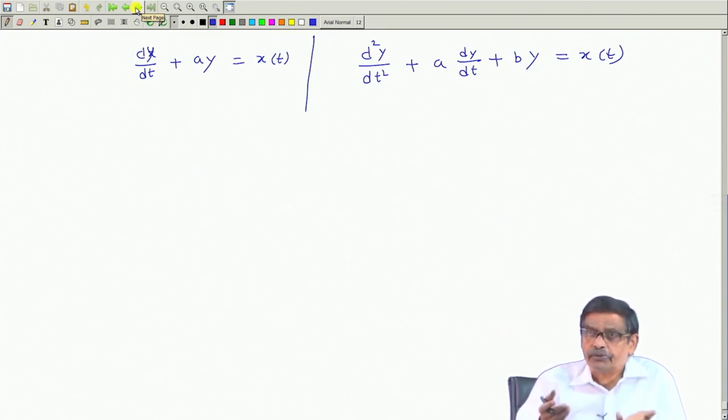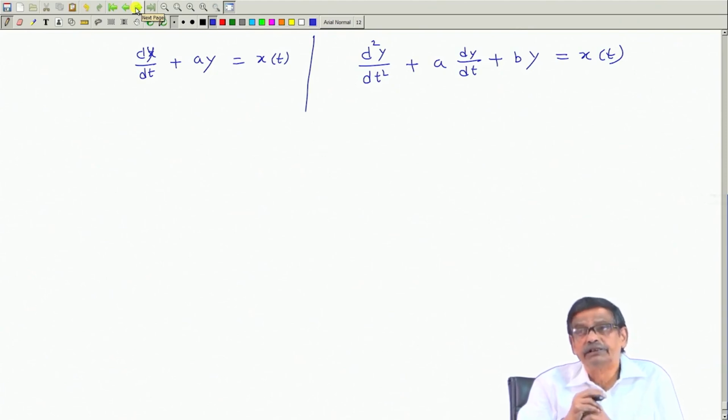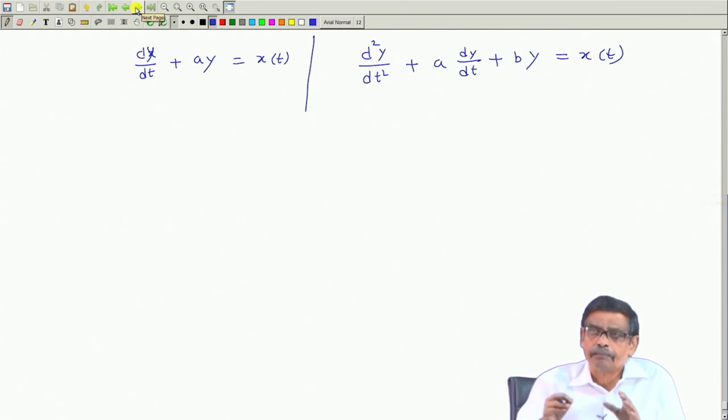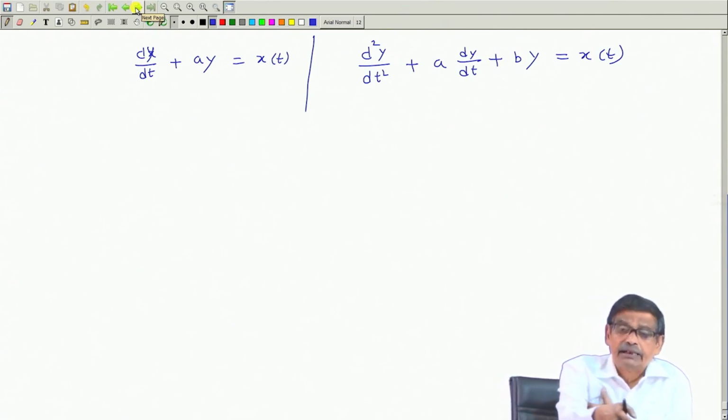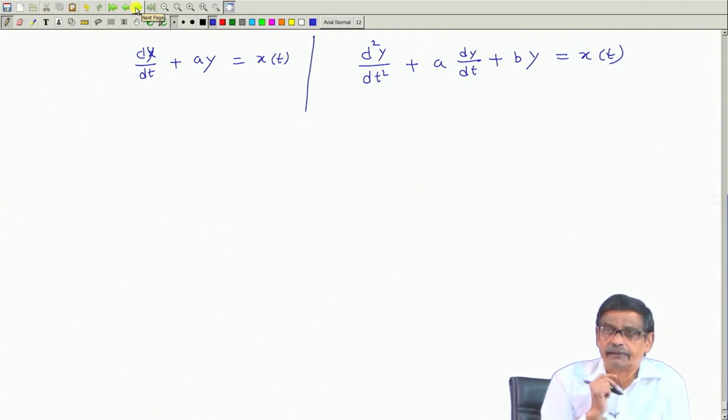Then we improved upon it. I told you that the solution of a differential equation consists of two parts. One is the natural solution, which depends upon the characteristic root, and exponential terms will be there, and there is another solution which depends on forcing function, which can be written straight away as k1 x plus k2 x dot plus k3 x double dot and so on. And that way, applying that only, I solved this RL and RC circuit.